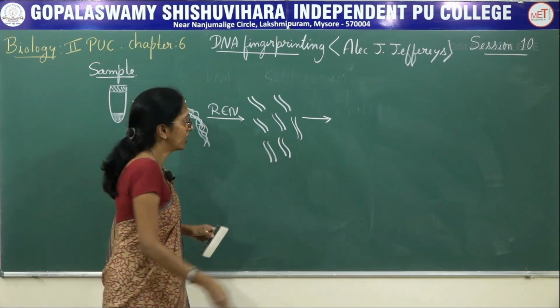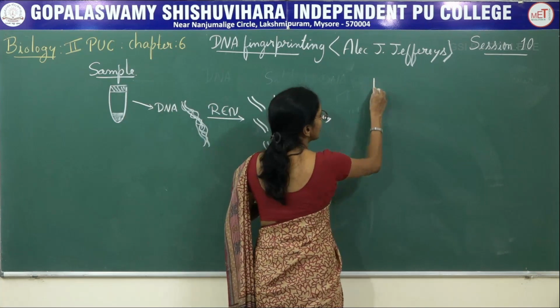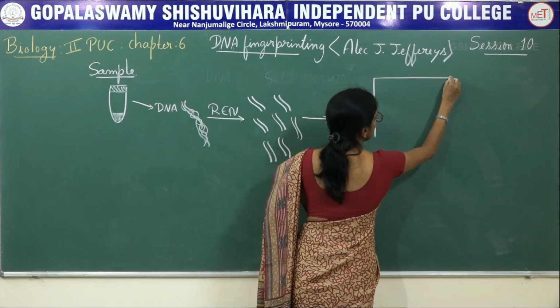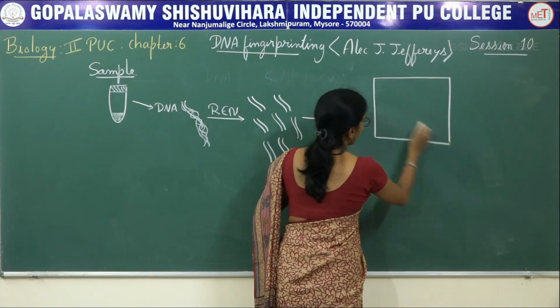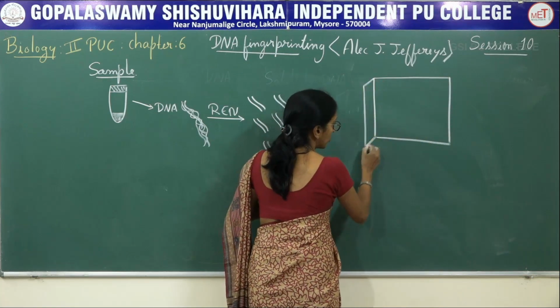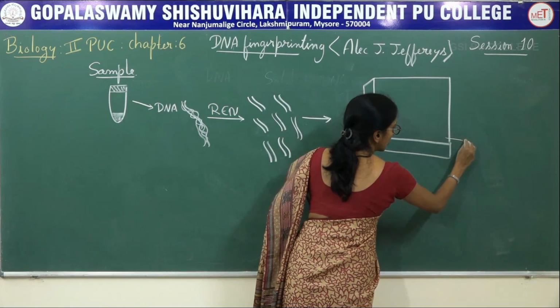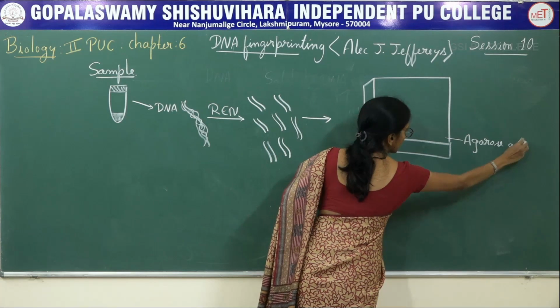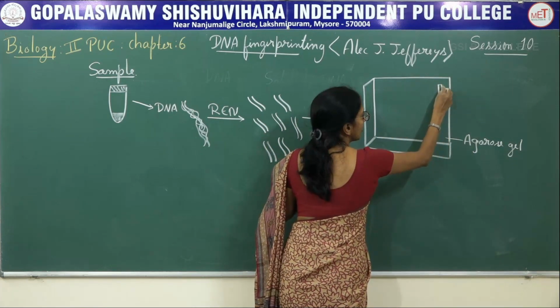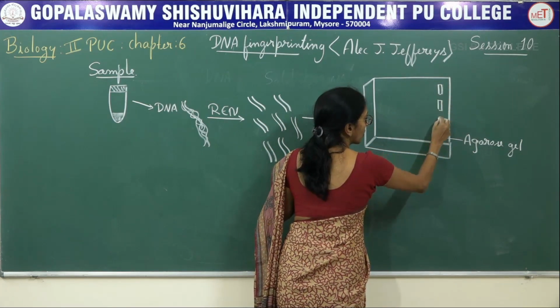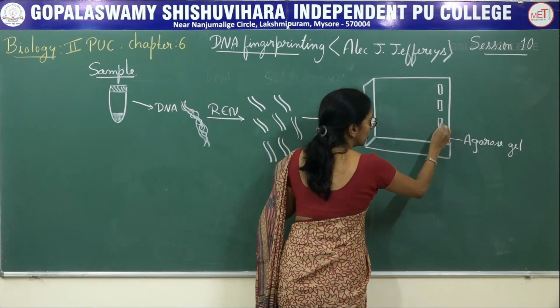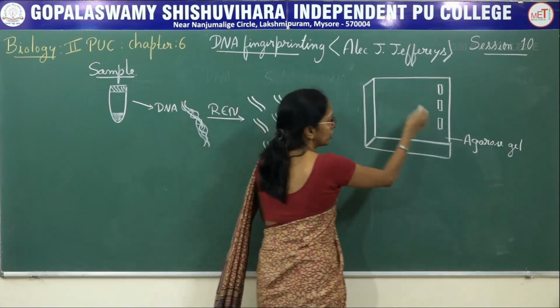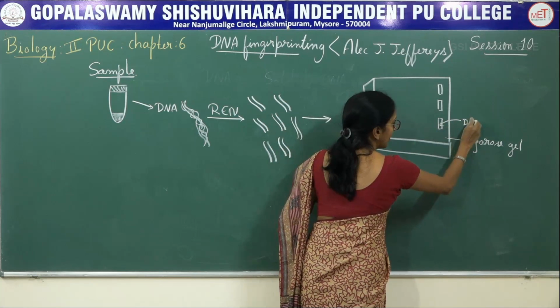Now, coming to the next step, these fragments are placed on an agarose gel. This is agarose gel. Here, small wells are created. To this, we have to introduce this DNA.